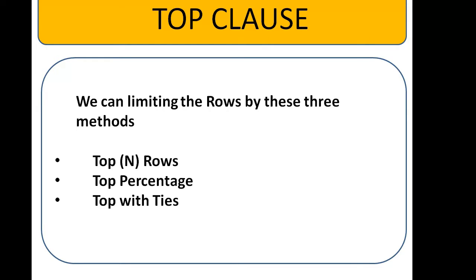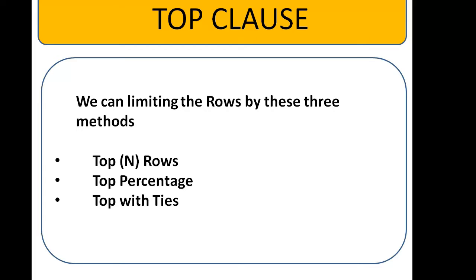The table always contains 100% of the rows, and we can fetch 50% from that or 30% from that. And TOP WITH TIES is completely based on the values in the ORDER BY column, so it includes each value that is contained in the value set. So by these three methods we can use the TOP clause to limit the rows.